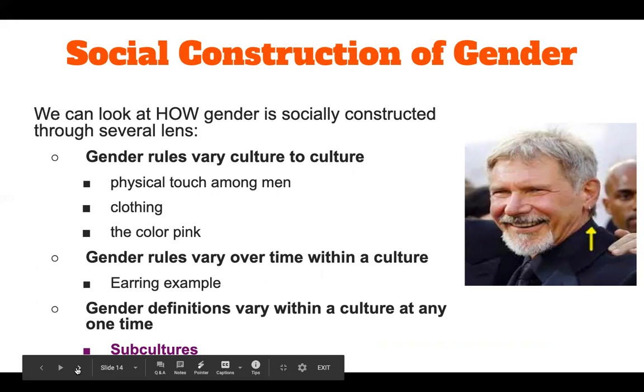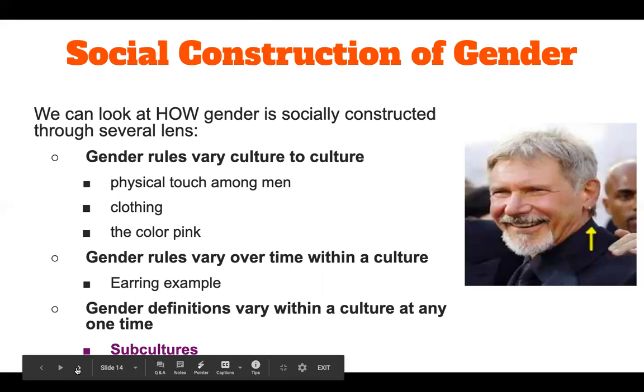So that brings me to the point that gender rules vary over time within a culture. Something like earrings, that we used to associate at some point largely just with pirates. Over time, it became acceptable for women to wear them. And at first, it was largely just a certain class of women who pierced their ears. But then it became a dominant gender expression for femininity.